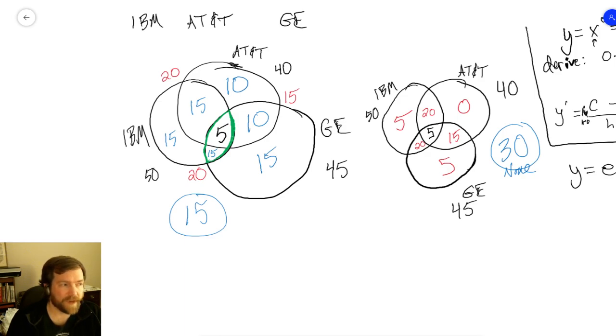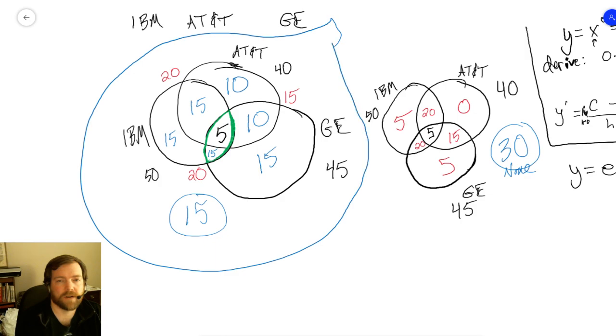However, based on the way the question is worded, I would probably argue that this is the correct formulation. Because they said 20 own shares in both IBM and GE and said nothing about AT&T, they were talking about both the centerpiece and the other one here.